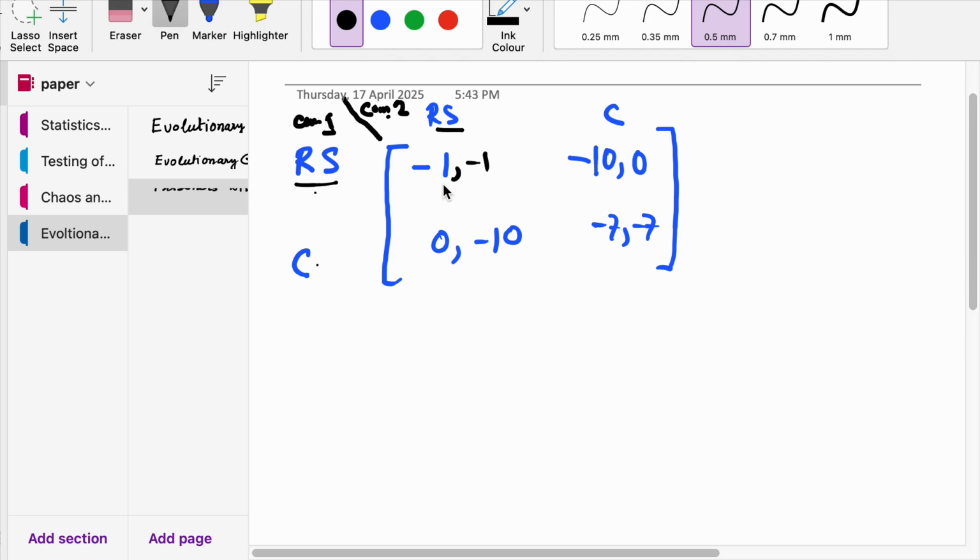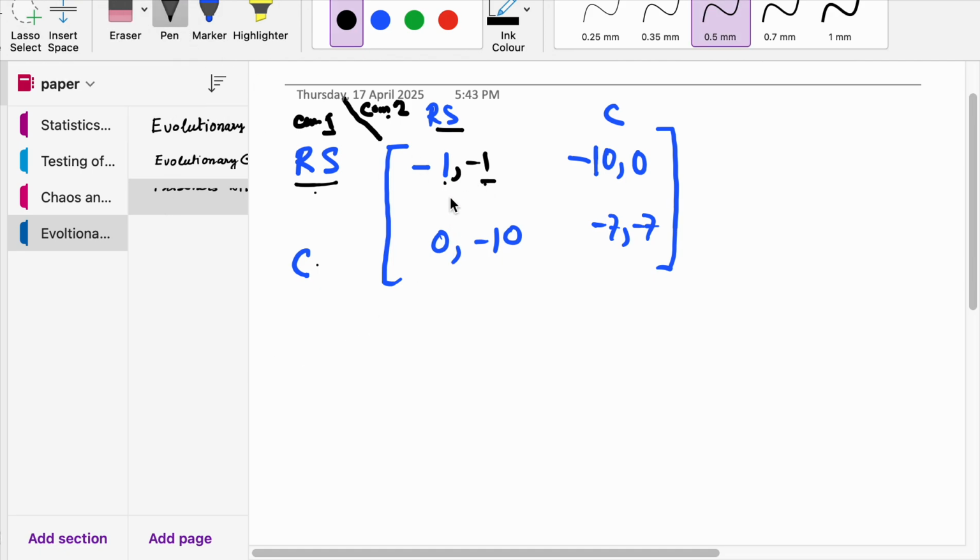Whenever we represent the matrix by a couple of numbers, the first element means the payoff of player 1, convict 1, and the second one means the payoff of convict 2. Since the payoff elements are symmetric, whatever convict 1 gets, in the same situation convict 2 will get the same payoff. So in place of writing two numbers we can write only one.